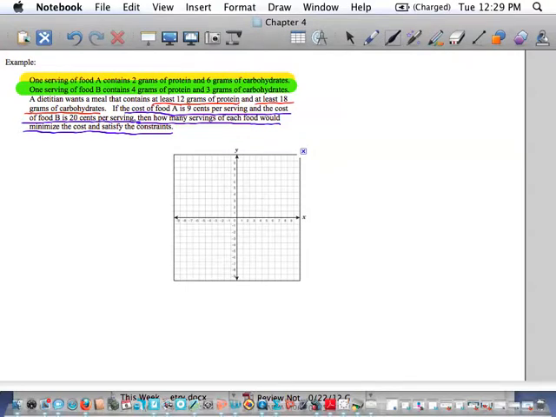So we have food A, and we have food B. We have protein, and we have carbs.